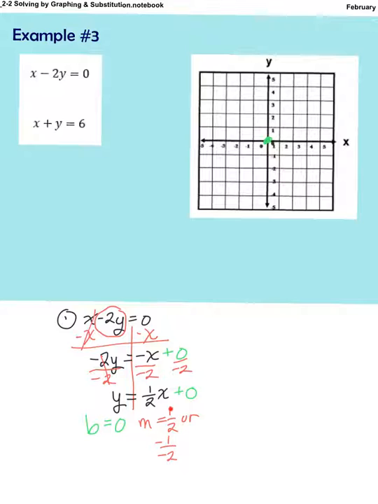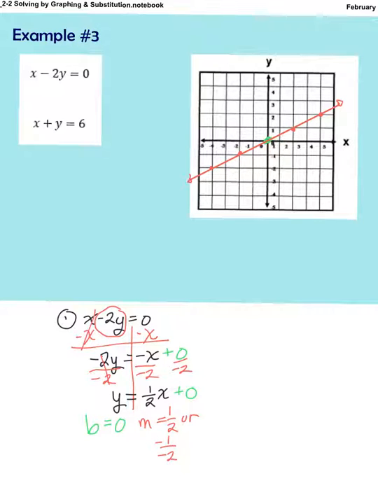So I am going to go up 1 to the right 2 and then down 1 to the left 2, and connect that with a straight edge. And put arrows on your line.